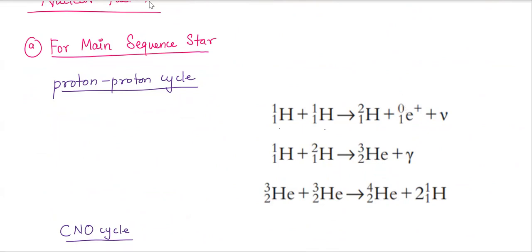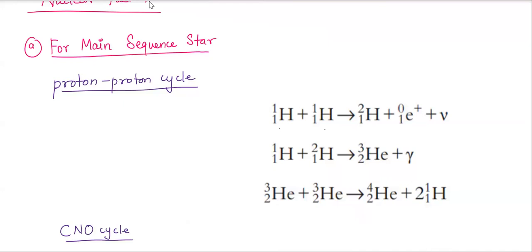When hydrogen-2, that is deuterium, reacts again with another hydrogen, we get helium-3, an isotope of helium. When two helium-3s undergo fusion, we get helium-4, which is a stable nucleus, and as a byproduct we get two more hydrogen nuclei.